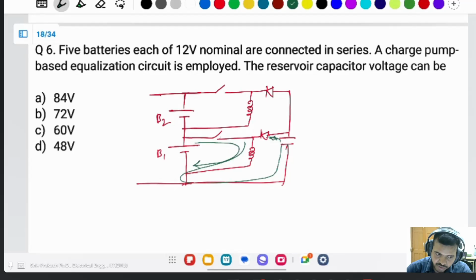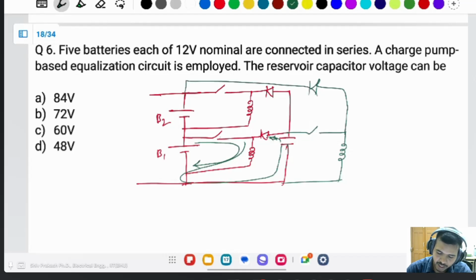Then afterwards, this capacitor energy is transferred to the pack by using some circuit like that. This circuit is used like a boost converter.